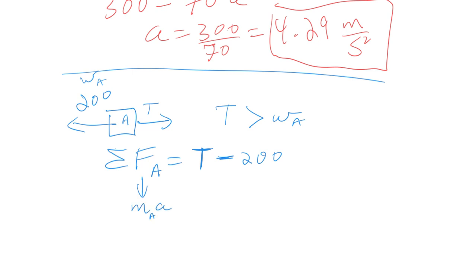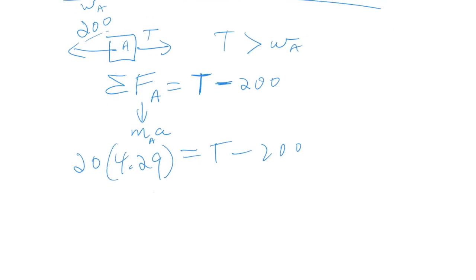The acceleration of A is 4.29. The mass of A is 20, not 200, that's the weight. So 20 times 4.29 equals T minus 200. So tension equals 20 times 4.29 plus 200.